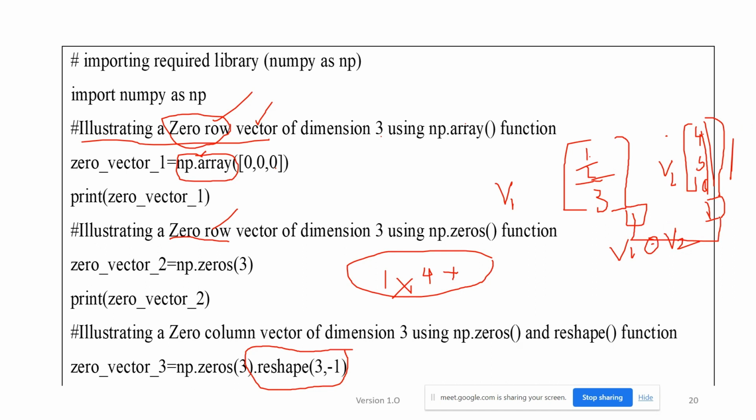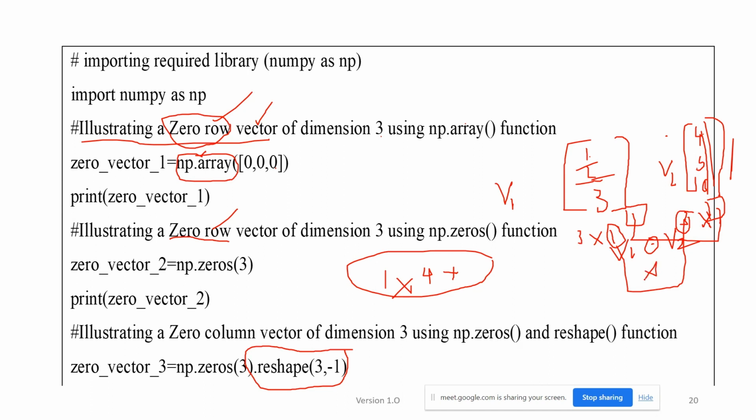Otherwise, the multiplication is not possible. So this is 3 by 1, and this is also 3 by 1. The first matrix column value is 1, the second matrix row value is 3. These two are not equal, so matrix multiplication is not possible.